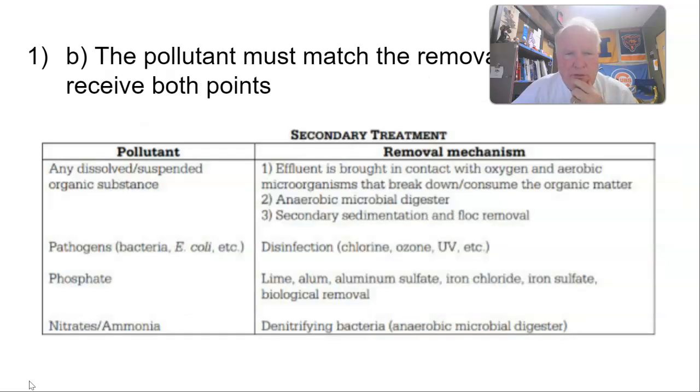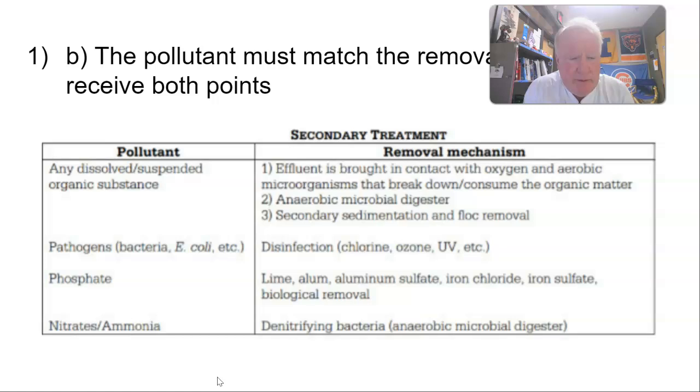Okay. So the second one was a secondary treatment question. So name a pollutant that you remove in secondary treatment and what is the mechanism. So those two had to match. And so whatever you decided to choose, you can see from these are the suggestions for the graders that's up on the screen here. You had to then have something that matched it.